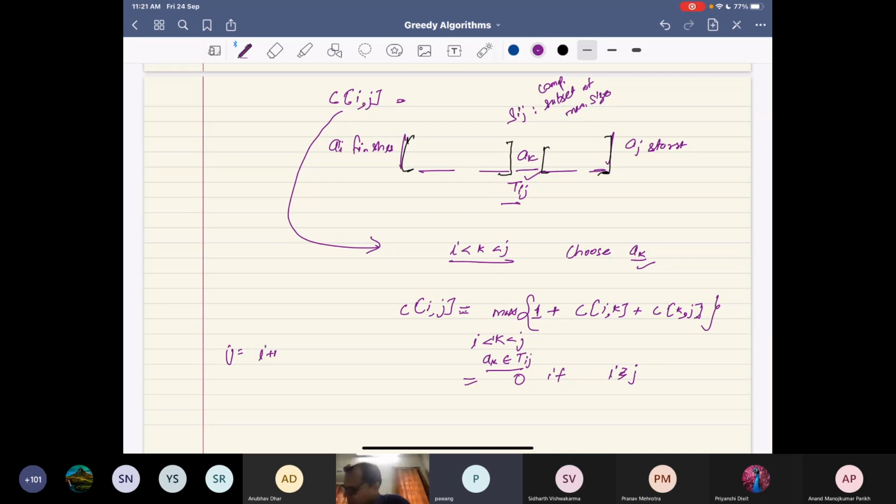Maybe, yeah, because we are not taking k equal to i also. Right, k cannot be equal to i, k cannot be equal to j. K has to be greater than i or less than j. Sure, that is also fine.